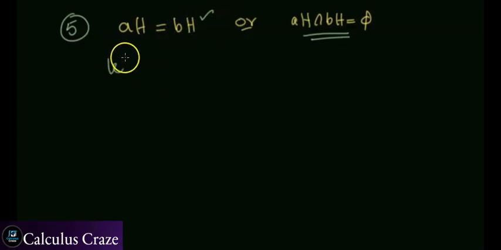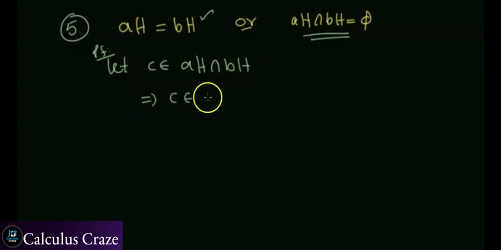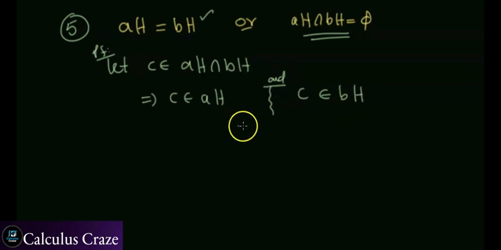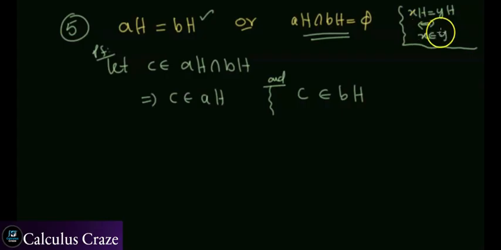So let's assume that C is inside the intersection of AH and BH. This implies C is sitting inside AH and also C is sitting inside BH, so it's AND. Now we have seen in property number 4 that xH is the same as yH if and only if x is inside yH.